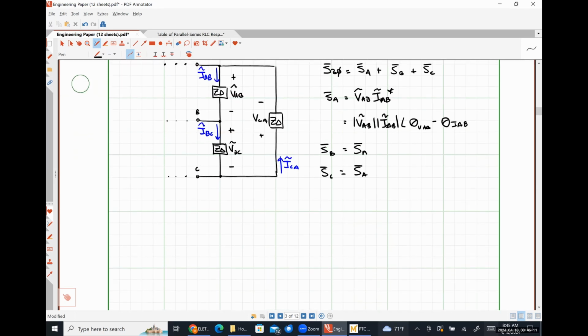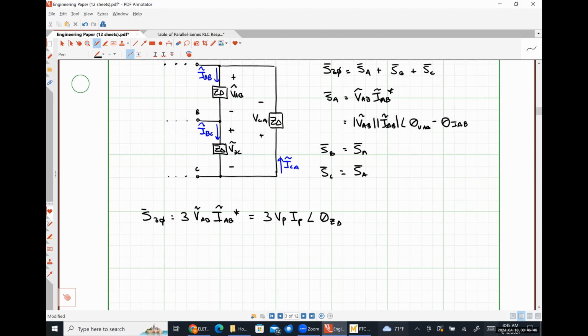So once again, we find that S3 phase is just 3 times our A phase. And we could express that as, so VAB here is a phase voltage, so VP. IAB is a phase current, so IP with an angle of theta Z delta.